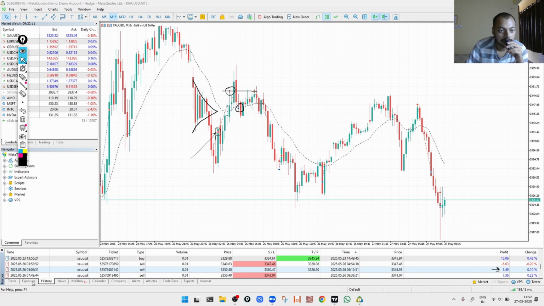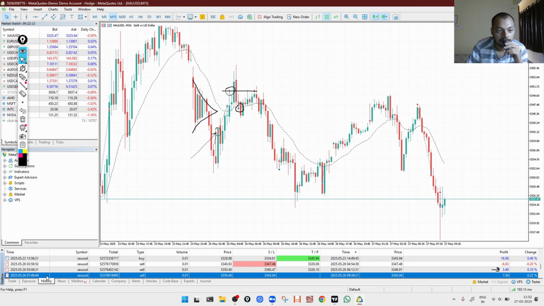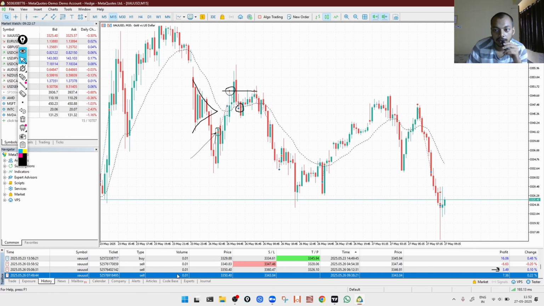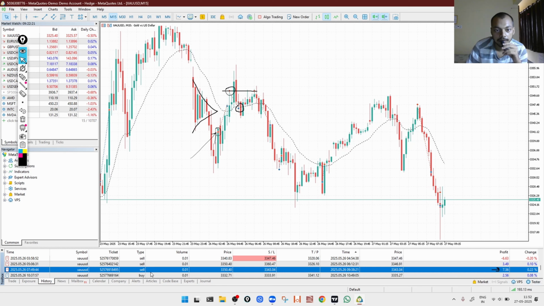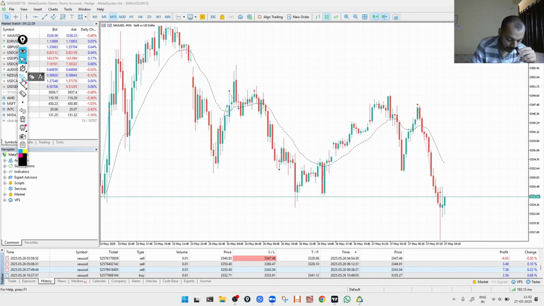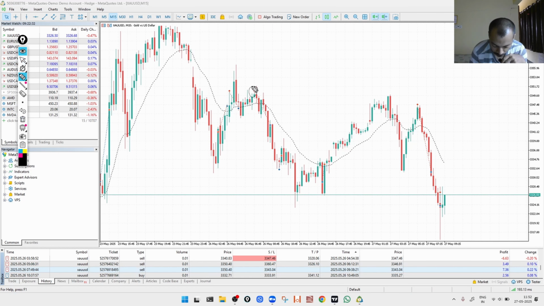After that, the next trade I took was at 7 a.m., and that was again a selling trade. Let me remove the drawings, and that trade was this one. See, I had earlier shorted at this level, and price had come down here. I booked the profit.